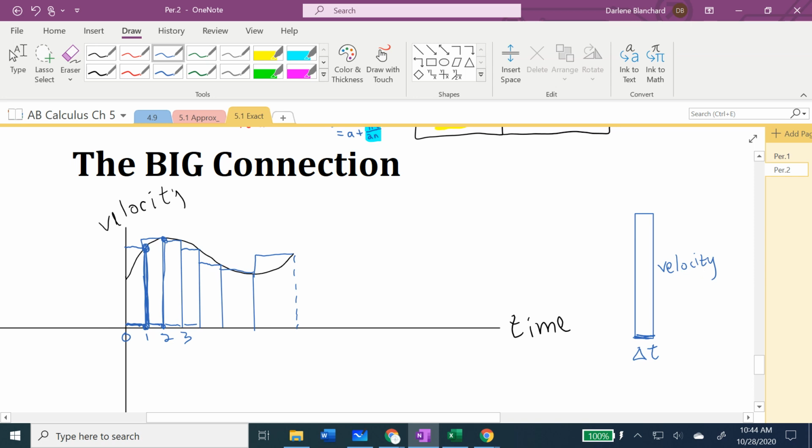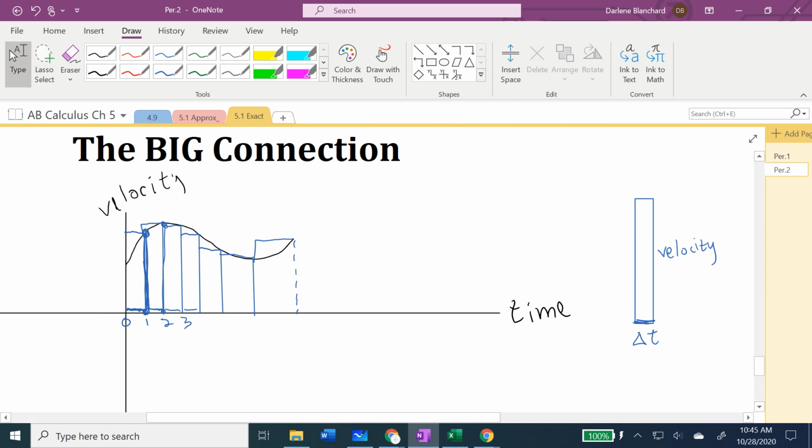Now, let's say you're out riding your bike and you approximate your speed, and right now I'm temporarily calling velocity speed because we're more used to thinking of speed. So maybe your speed is changing like how this velocity is changing. But let's say you just approximate that you're going about this fast for 1 second. If you multiply your speed by an amount of time, what did you just find?